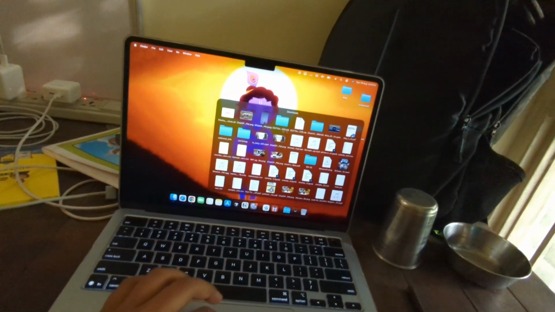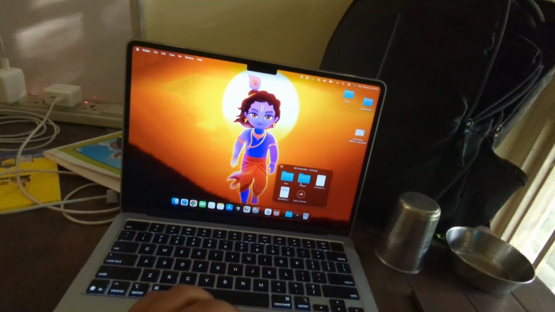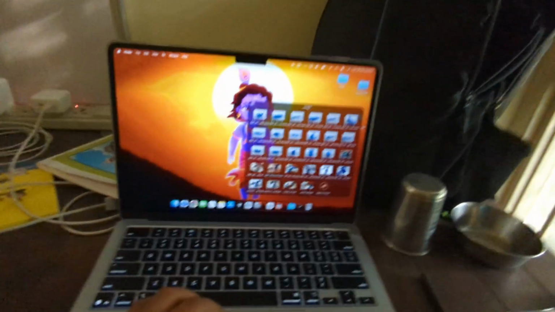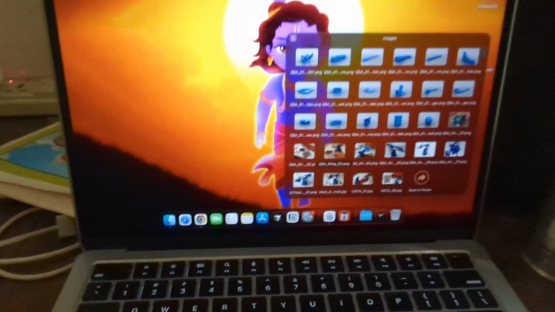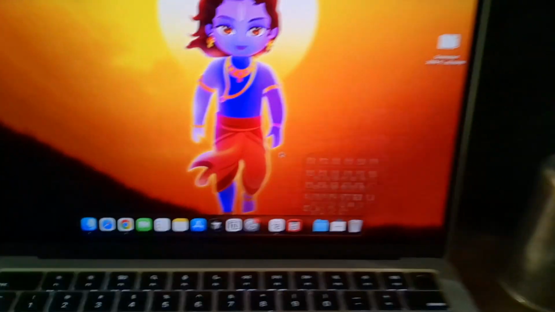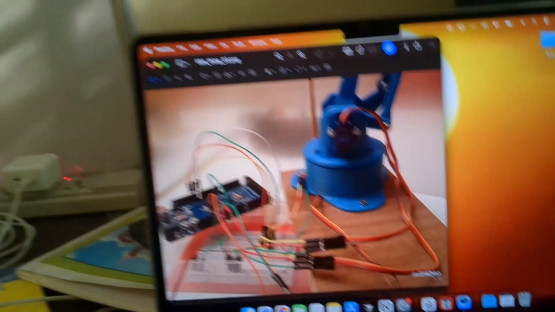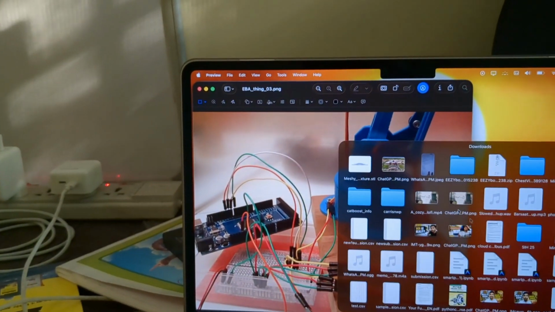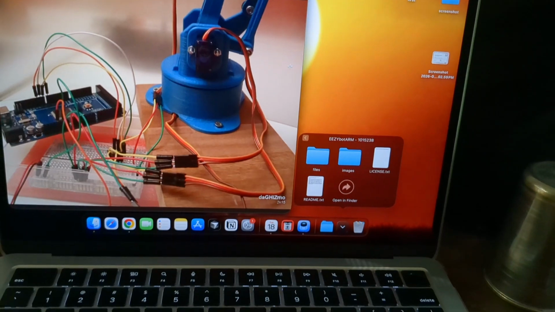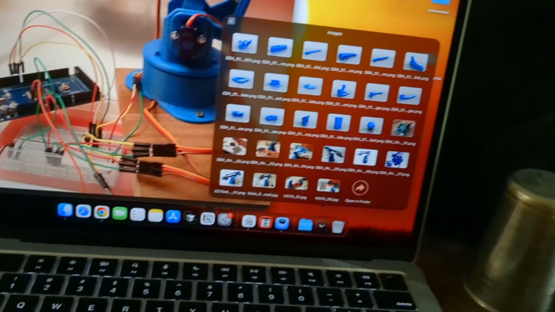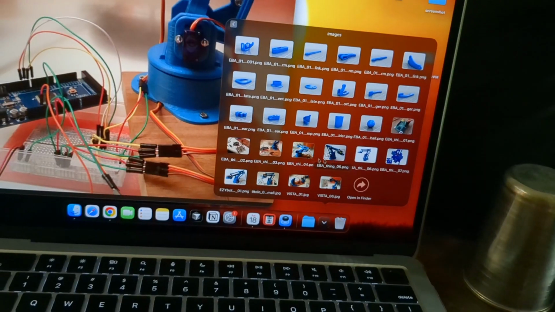Let's see it. Yes, I am developing this model. Now the front look, here is the front look.